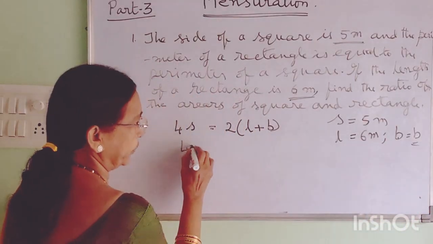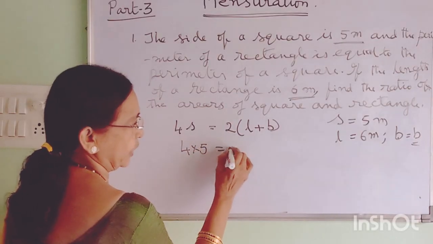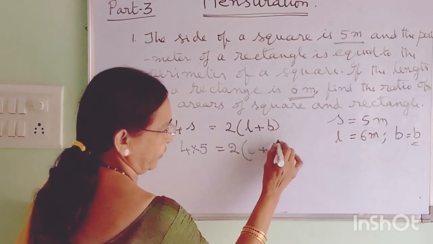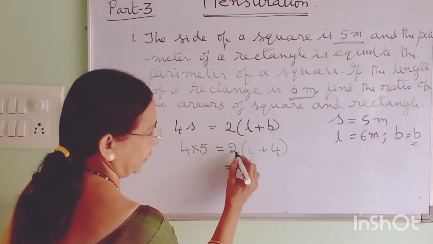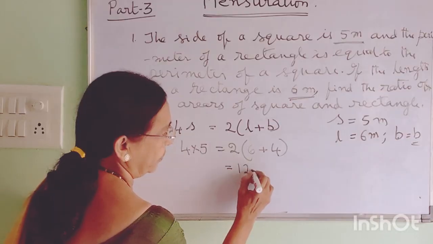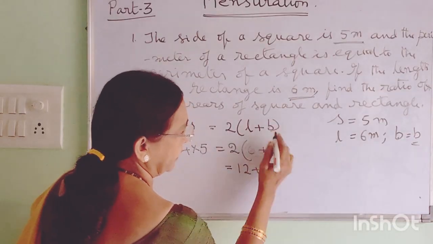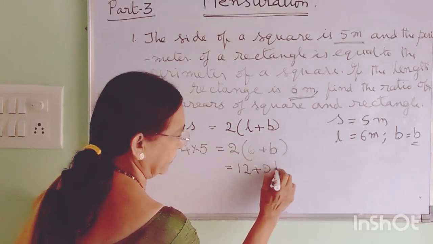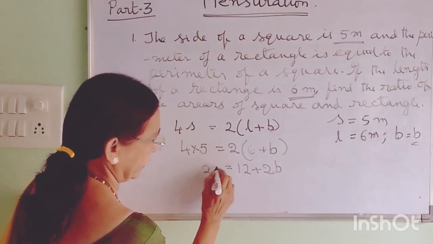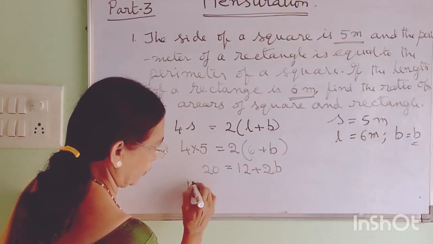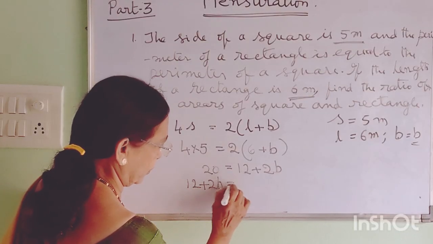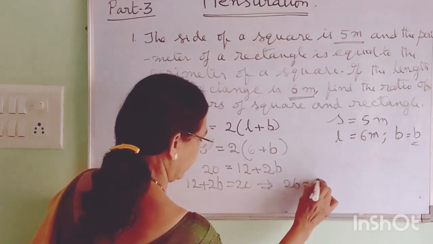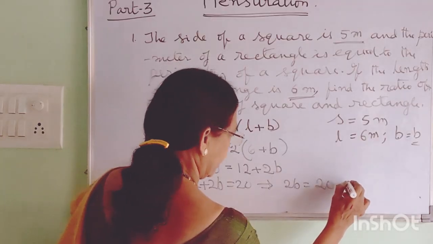So 4 into side 5 meters is equal to 2 into (L, 6 meters, plus breadth B). So this is equal to 12 plus 2B, and 4 into 5 is 20. Therefore 12 plus 2B is equal to 20, or 2B is equal to 20 minus 12.